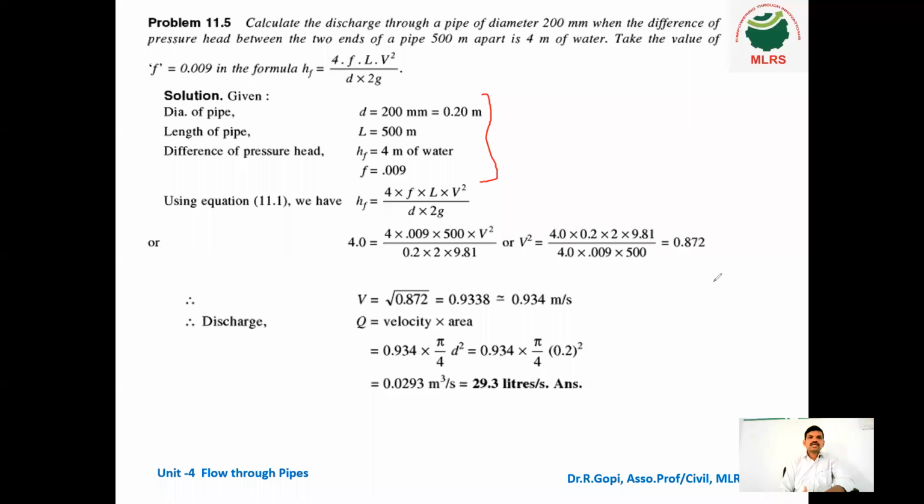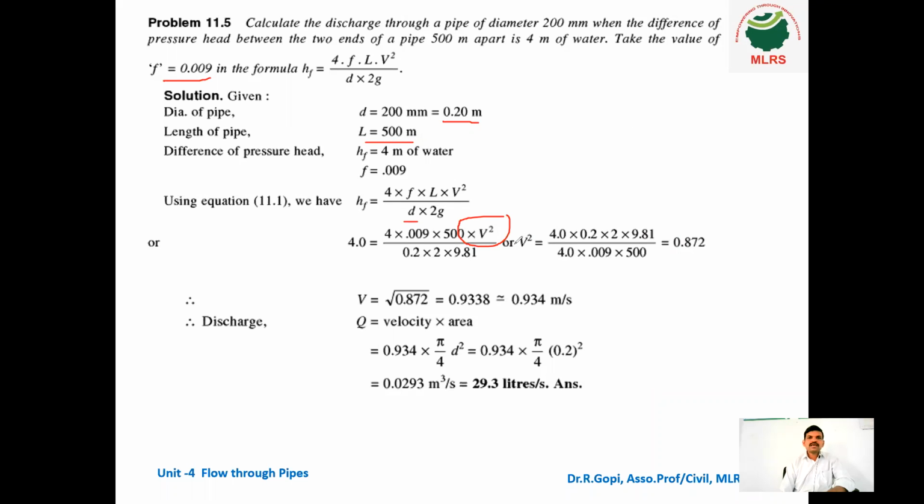So substitute all the values. What are the unknown values here? Only V. f is given in the question, and L, the length of the pipe, is also given, 500 meter. V is the unknown value, and the diameter is also given: it is 200 mm, converted into meter, 0.2 meter.